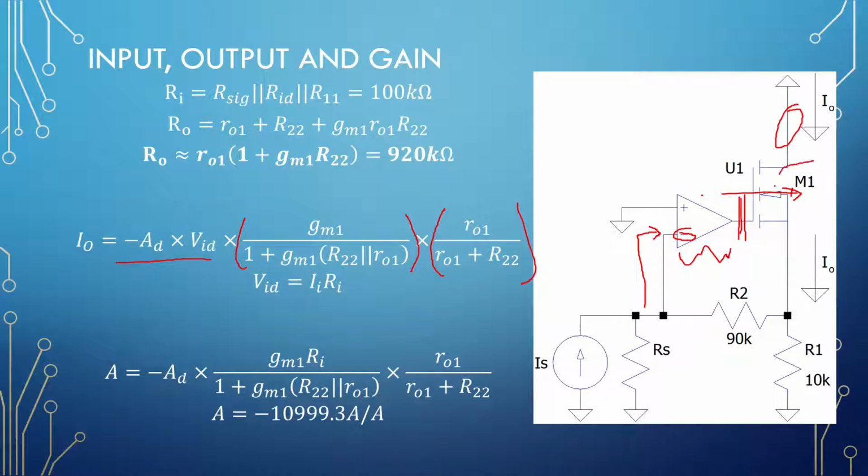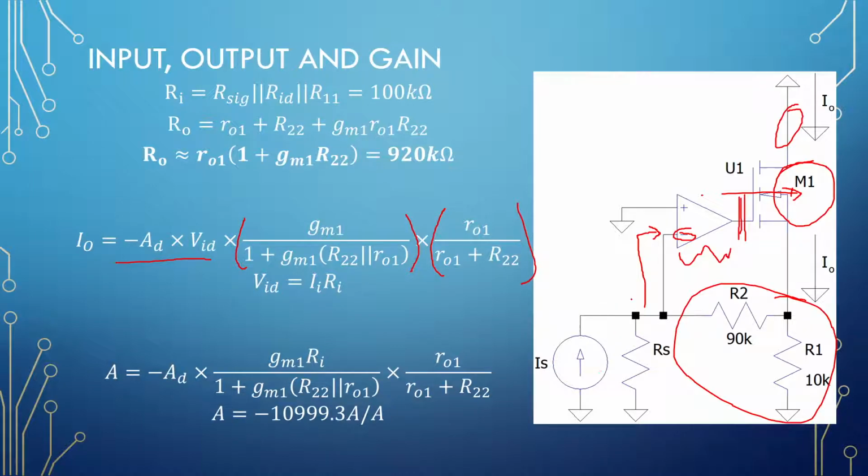So we don't want the current flowing in the MOSFET, so that is R out 1, but we do want the current flowing down here in these resistors since everything is in series. So we have R out 1 over R out 1 plus R22. That is the current division on the output side.